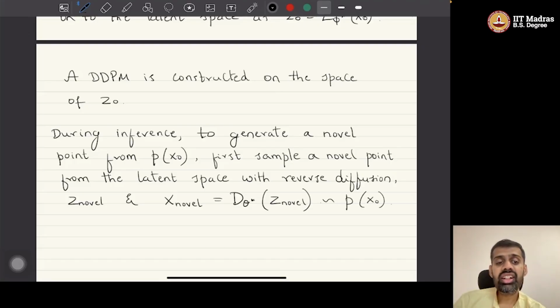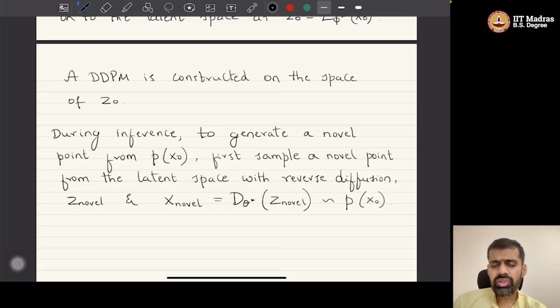Note here that the diffusion model is being trained on the latent space of a pre-trained encoder-decoder. The advantage of this is that we are not constructing the diffusion model on a high dimensional data space. Rather, we are constructing it on a much lower dimensional compact latent space that we have learned using a pre-trained encoder-decoder model.